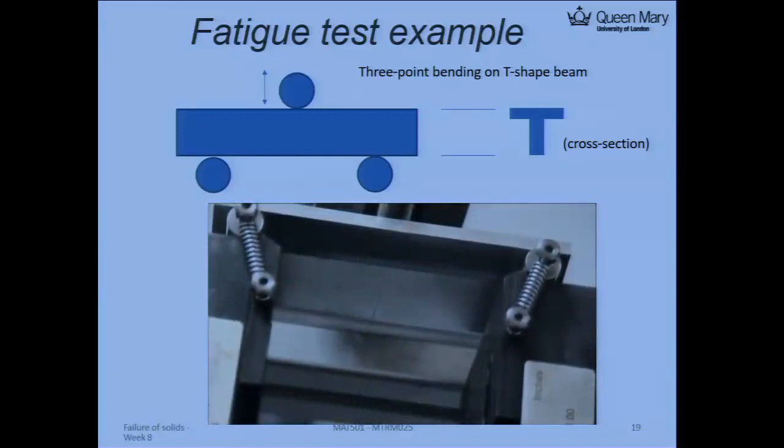Now you can see a crack. Each load cycle causes a small amount of crack growth. This is quite like brittle failure because it suddenly goes through very long. I can feel the screen is shaking. I don't know.